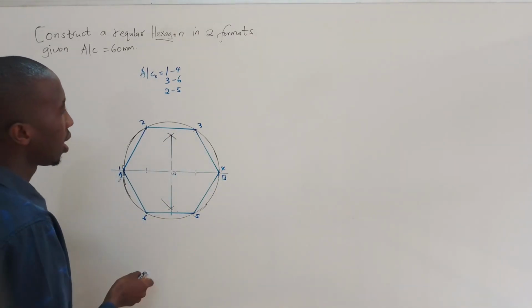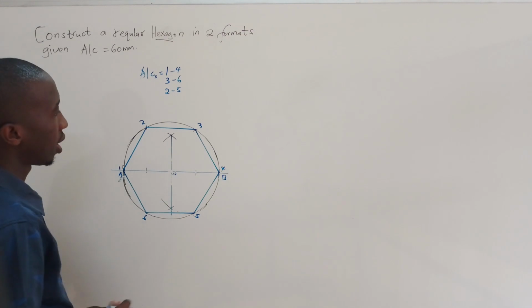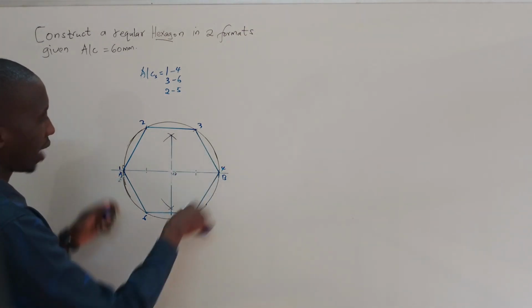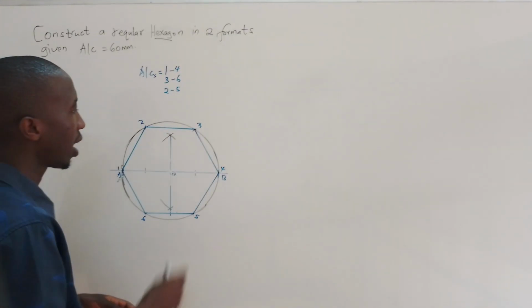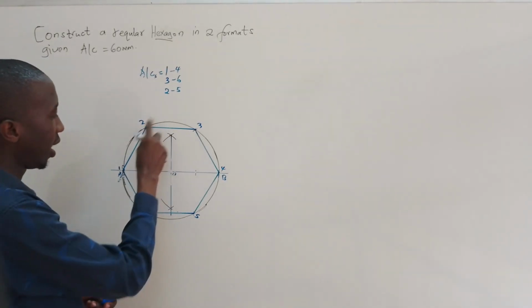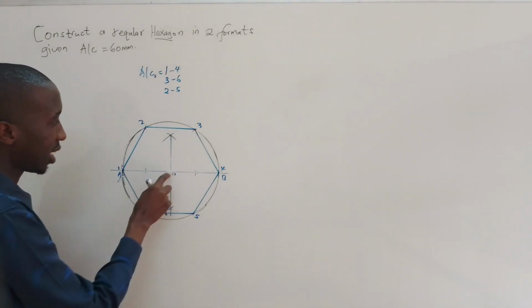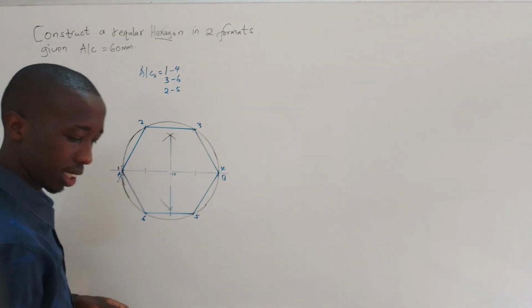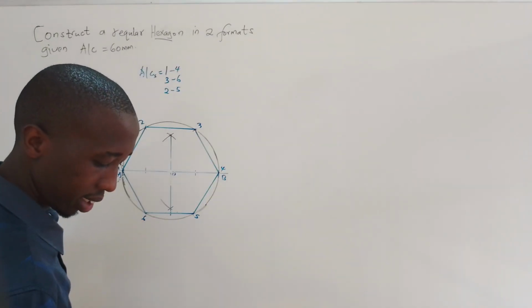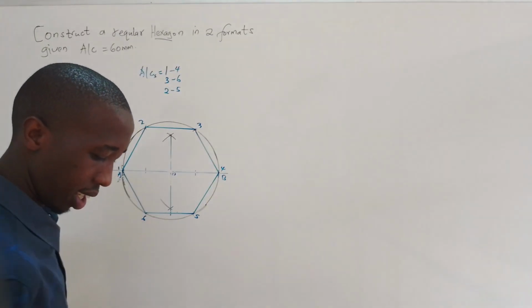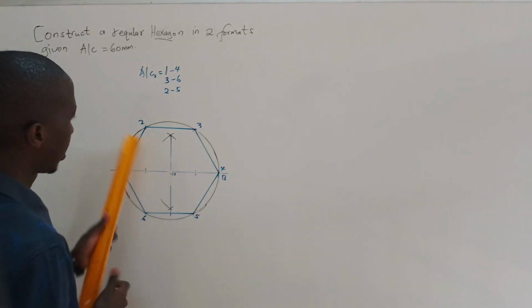This one we are using the principle of angles, where we have a circle. Then if you mark all the way around, you will acquire the 6 sides, and this angle is 60 degrees. So let me indicate this as 60.